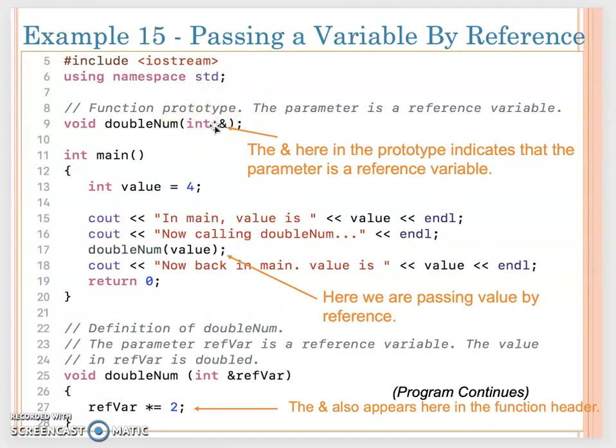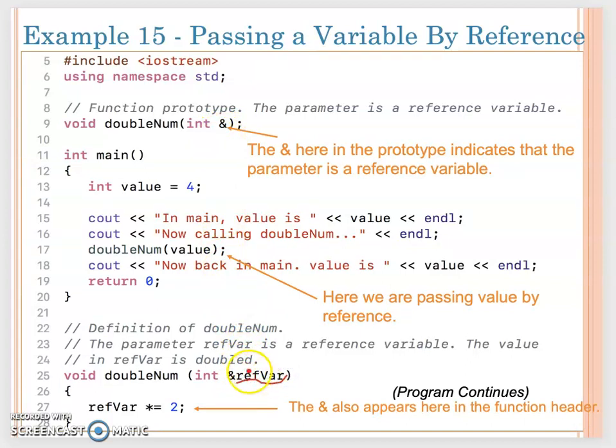You will see that not only will the variable value be changed in the local function, it will also change in the calling environment. That's how we implement it. In the doubleNum function, you see the int and ampersand, so you are passing by reference. Passing by reference just means that after the data type, we have the ampersand.